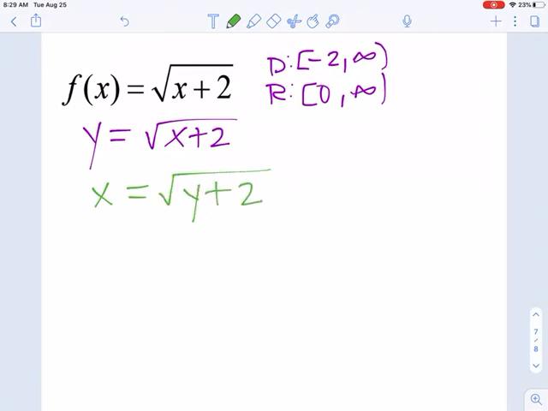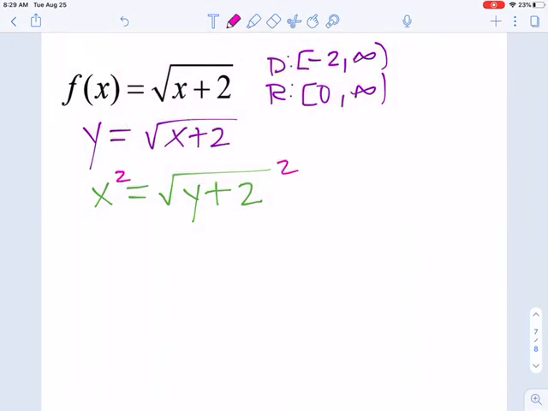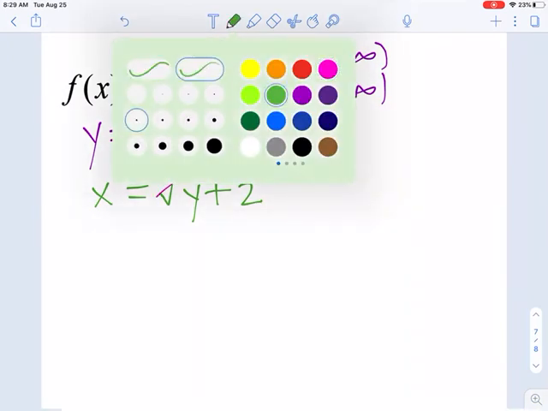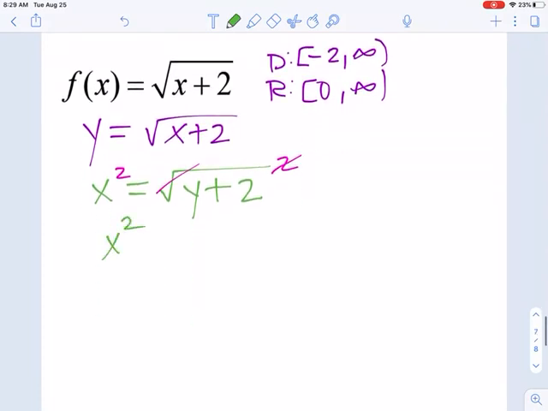Here is our function. Let's go ahead and switch x and y. Okay. Nothing over here to add or subtract over. But since there is a radical, we can square both sides so that we're left with x squared equals y plus 2. And then we could subtract that 2 over.